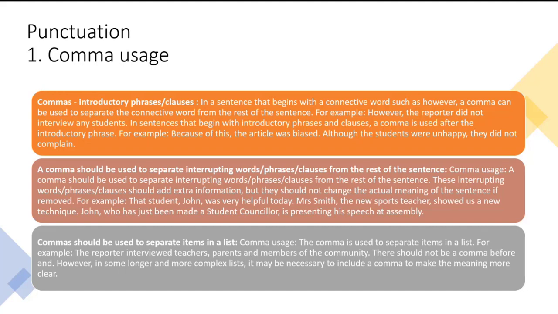We also have sentences that start with "even if," "based on," "using," right? Let me copy and paste that. Sentences that begin with "by" usually also introduce introductory phrases. Okay, so I'm just going to copy some of these examples and put them in the chat for you, so that you can have that for future reference.